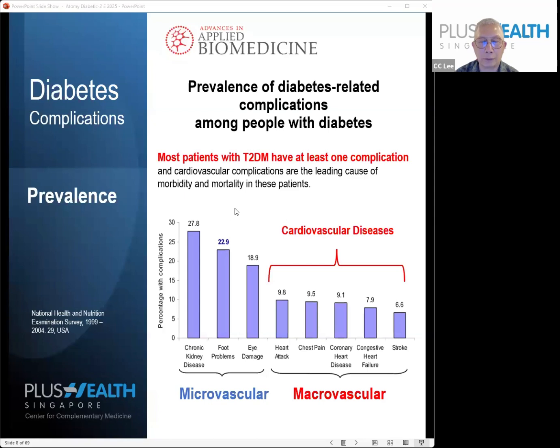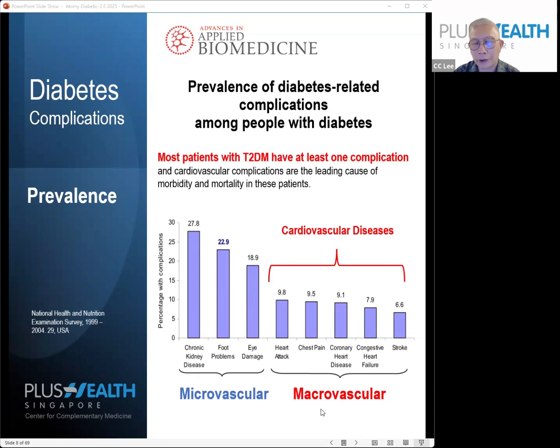What are the complications? We will be talking about chronic kidney disease. We'll be talking about neuropathy, which is nerve damage that results in diabetic foot problems. And we'll be talking about diabetic eye disease, right? So these will be the microvascular complications of the diabetic patient.